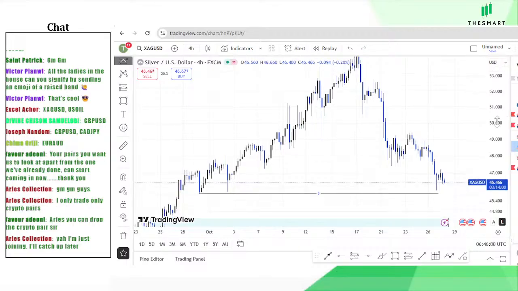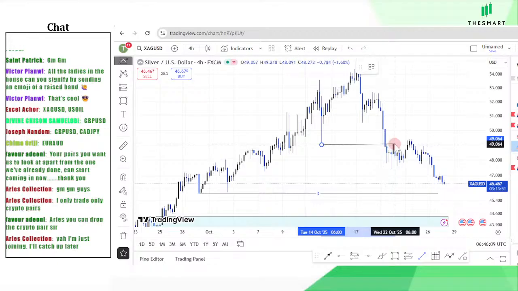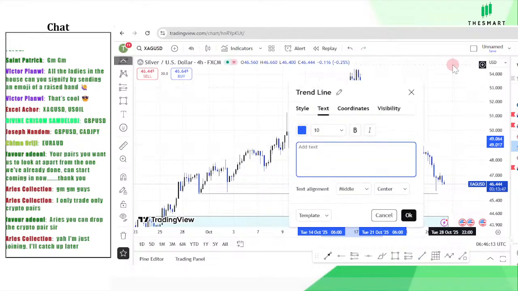So already we can see that the price is bearish to the downside. Major lows have been taken out. This gave us what? A change of character.